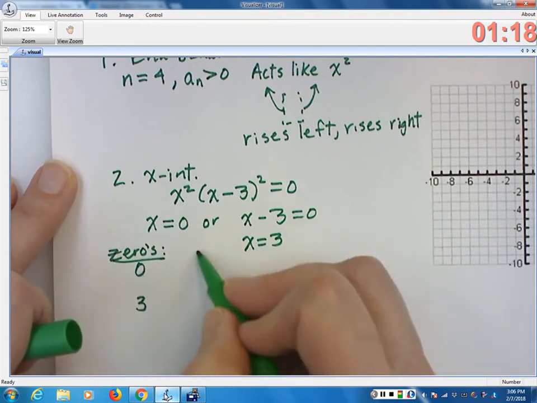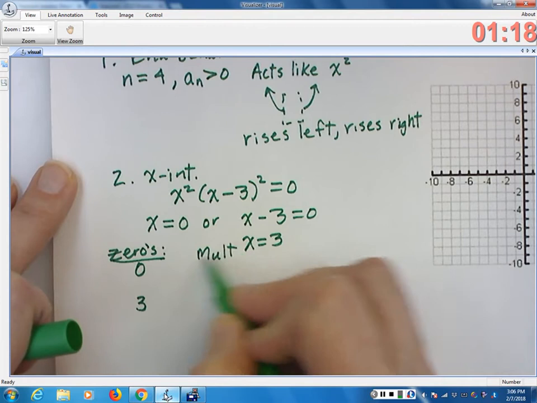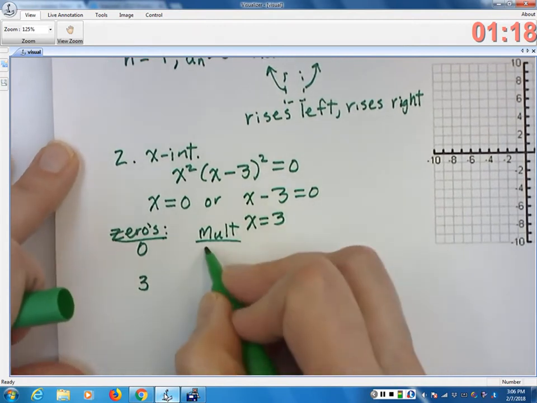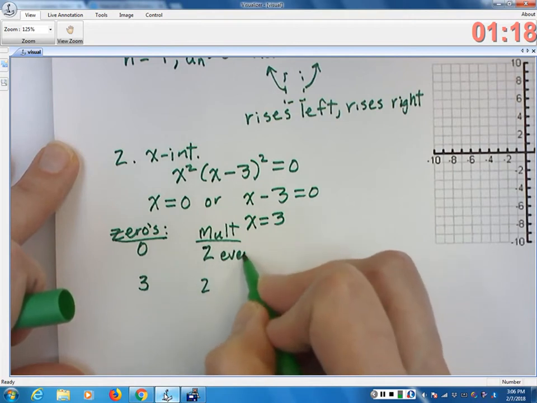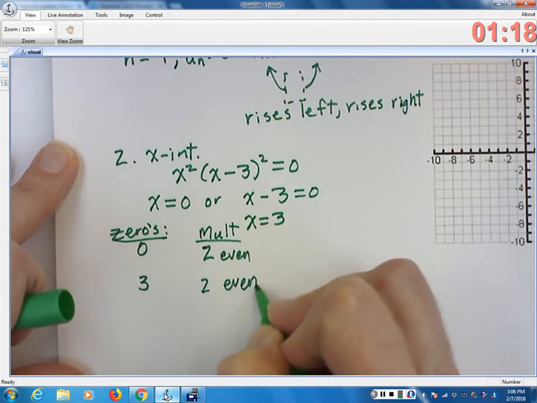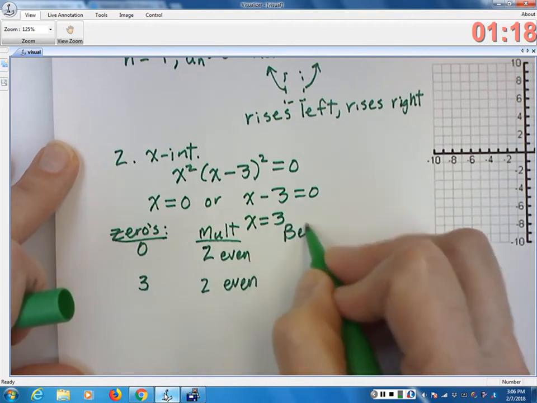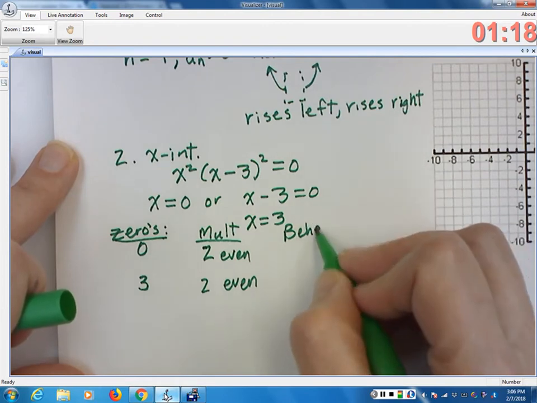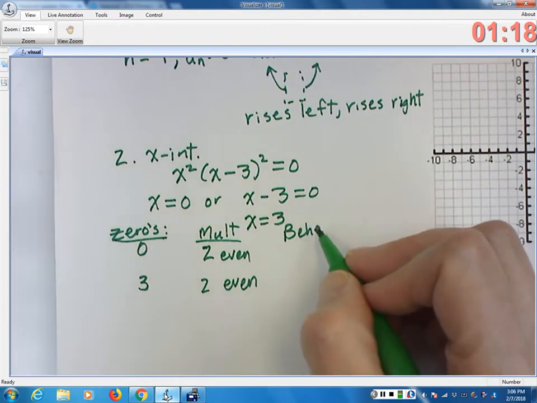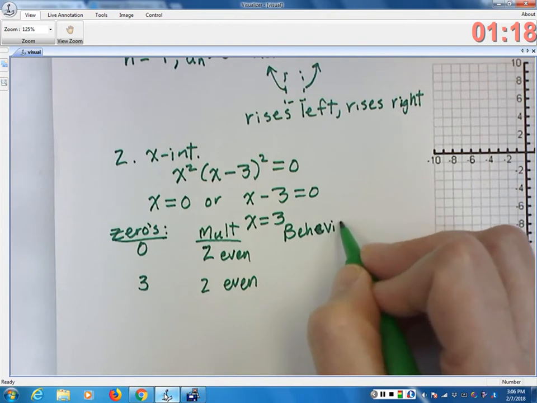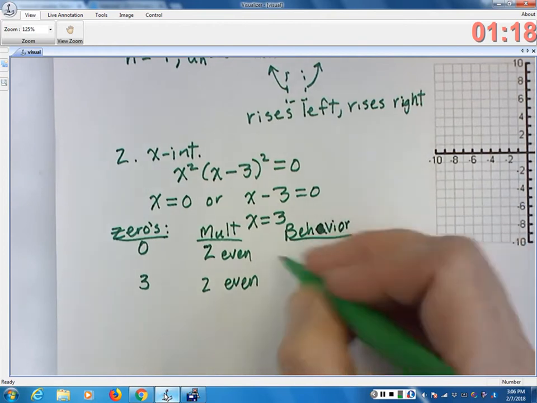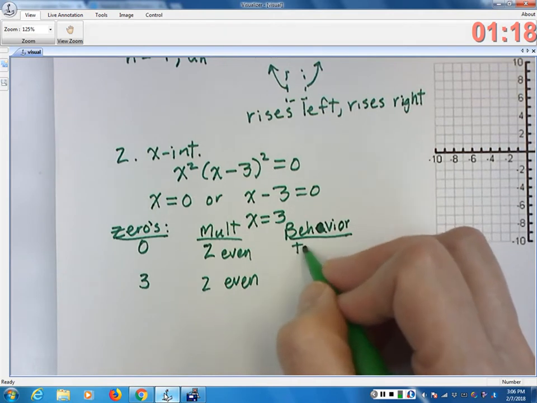For the multiplicities, let's make a chart here. The multiplicities of the zeros are both 2 because of the squares, and that's even. So the behavior at the zeros is that the graph touches and turns around.